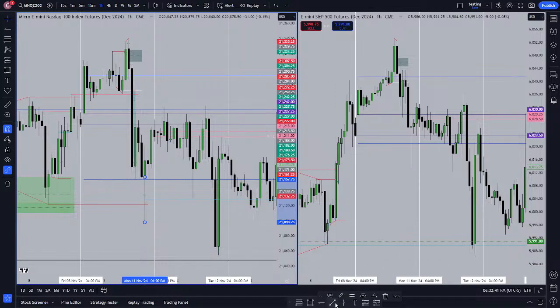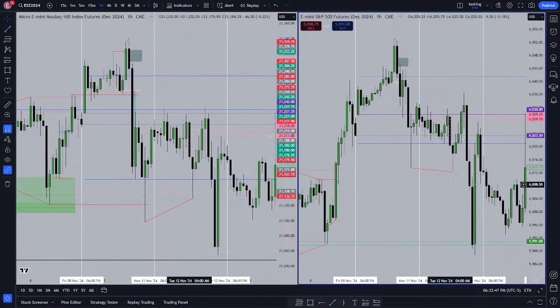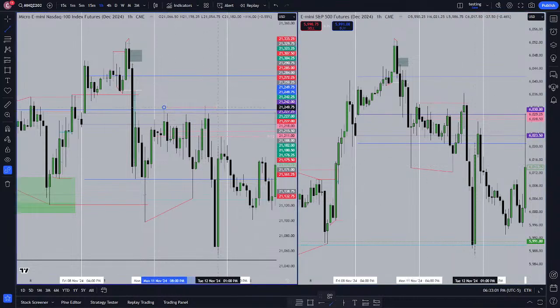Because we have an SMT right here, you're like, okay, I want to see it go above and leave it. You have liquidity above here. And this is really a bad sign already. You have liquidity above here.